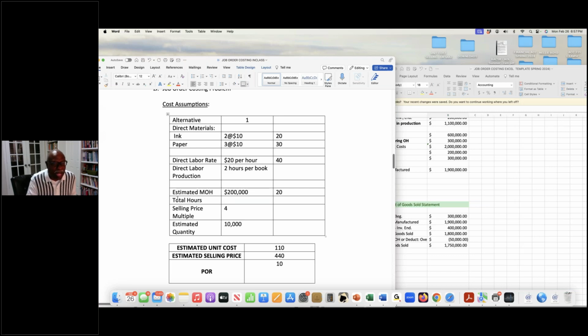What are the total hours that are going to be worked on this to make this book? Team 3, what's the total hours? Hold on, let me find it. What's the total hours? 5,000? 20?